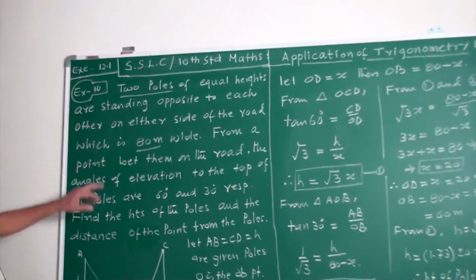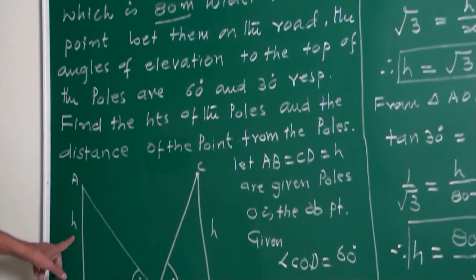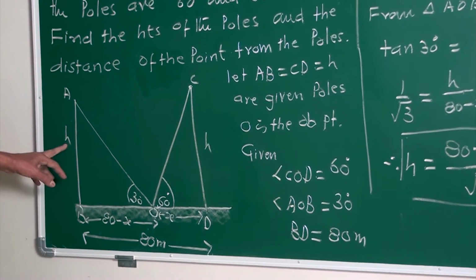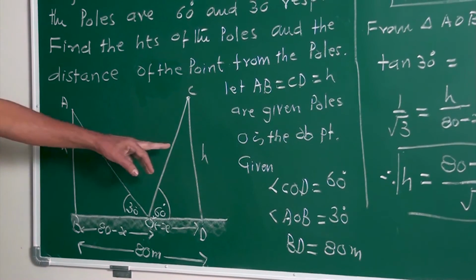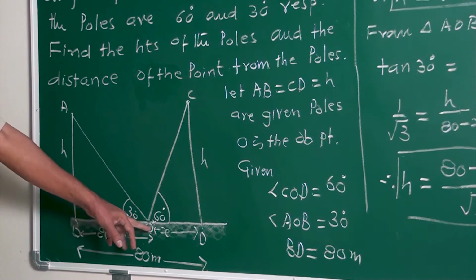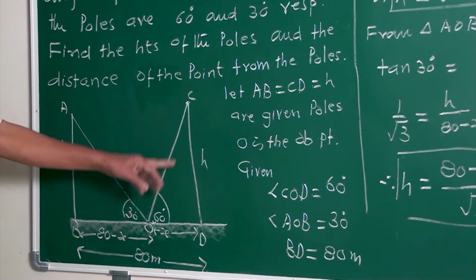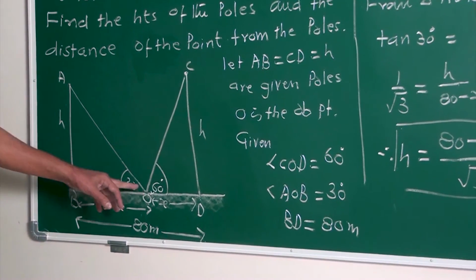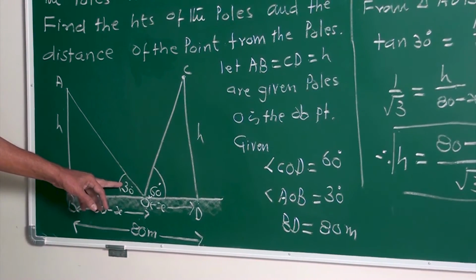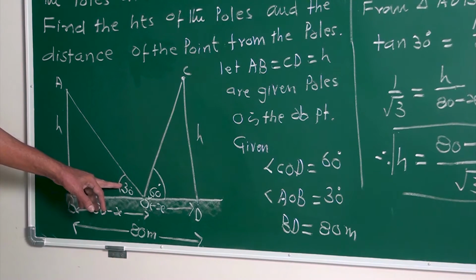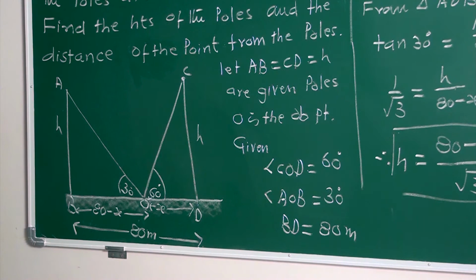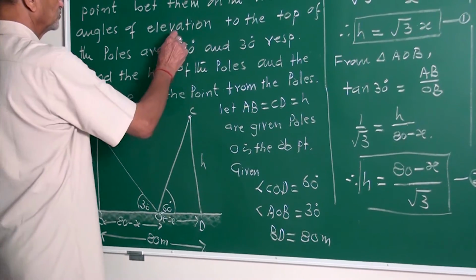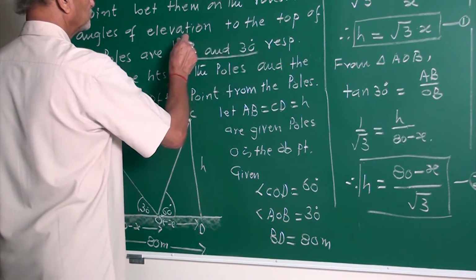Yes, my friends, there are two poles of equal heights. We have taken the height of each pole as h. First pole, second pole. This is the observing point in between, such that the angles of elevation to the tops of the poles from this point are 60 and 30 respectively.